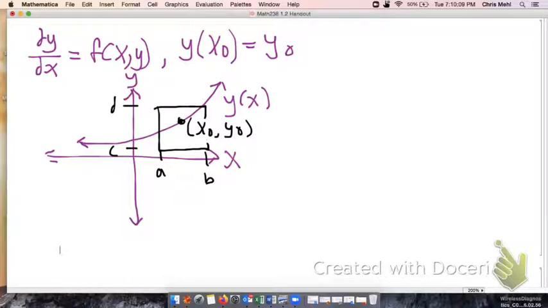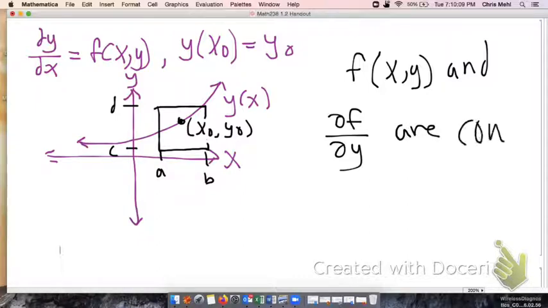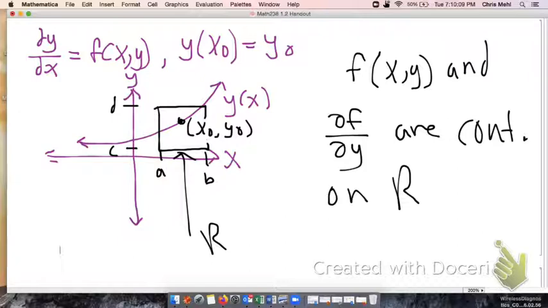You've got some rectangle containing that point, and all you need to know is that f of x y and, sorry, let me go back, the partial derivative of f with respect to y are continuous as functions of two variables on this rectangle R. So this rectangle up here is R. Then this is just saying that a particular solution of the initial value problem will exist, and it's the largest interval contained in that a, b.